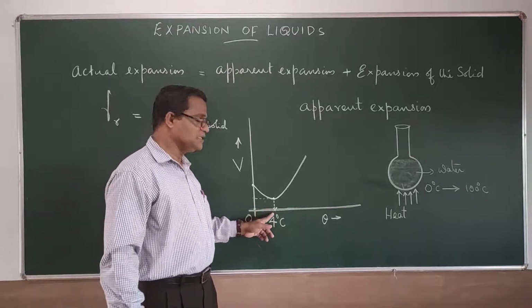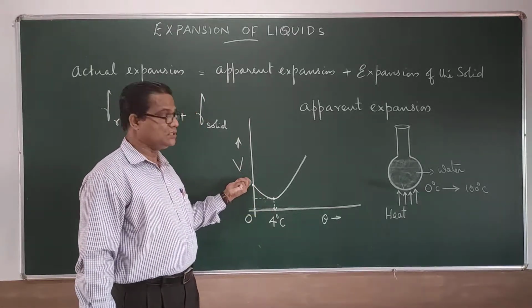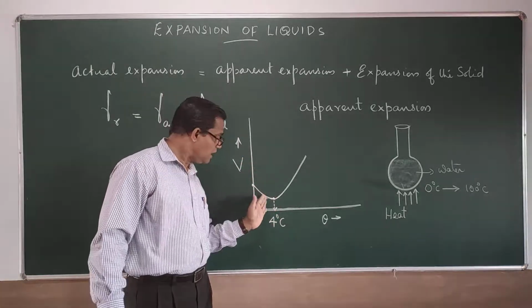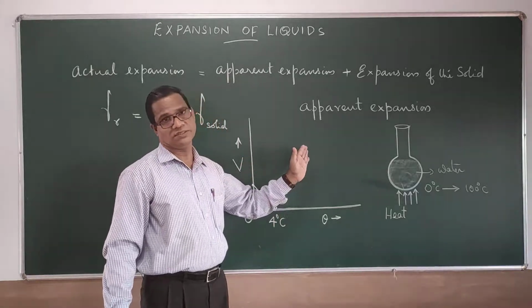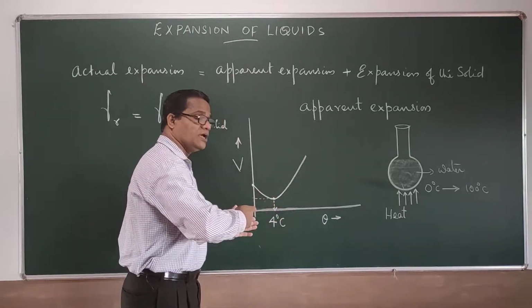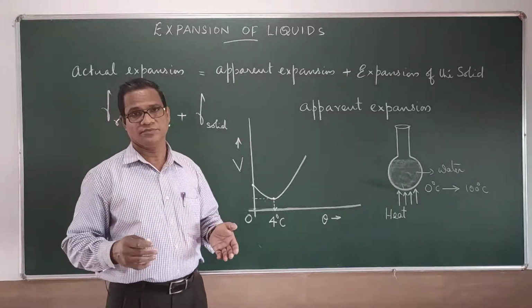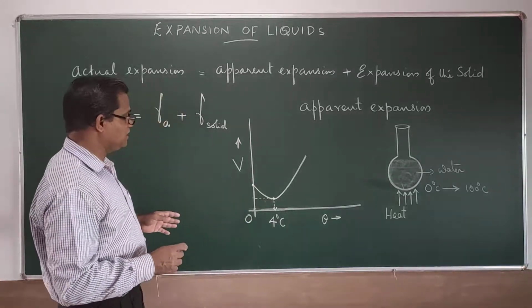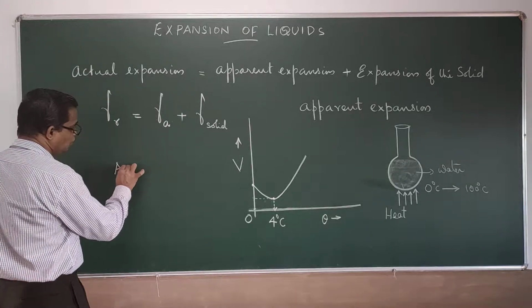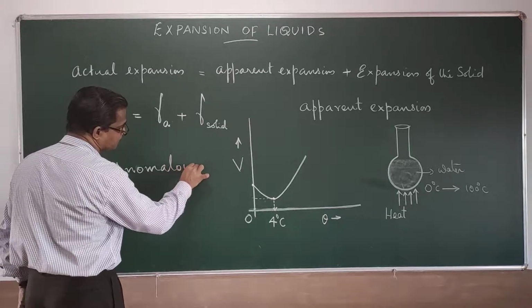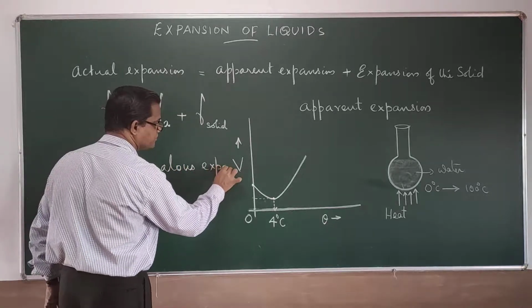At 4 degrees Celsius, the water will have the minimum volume, and then afterwards it is going to be increasing. So first from 0 to 4 degrees it decreases, and above 4 degrees it goes on increasing. And this kind of irregular expansion, we call it anomalous expansion.